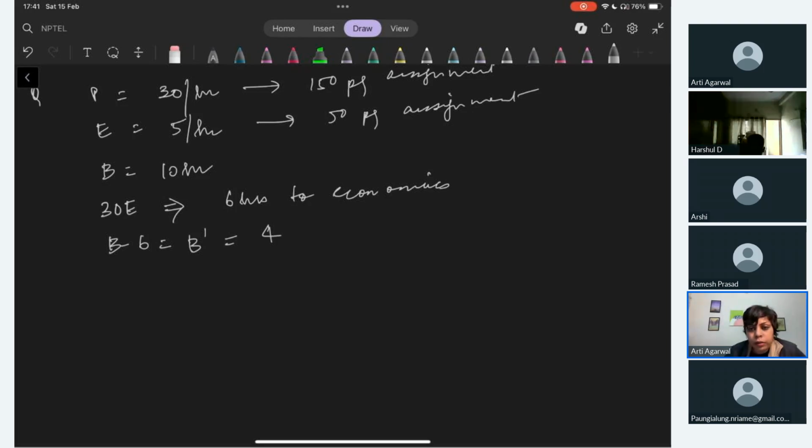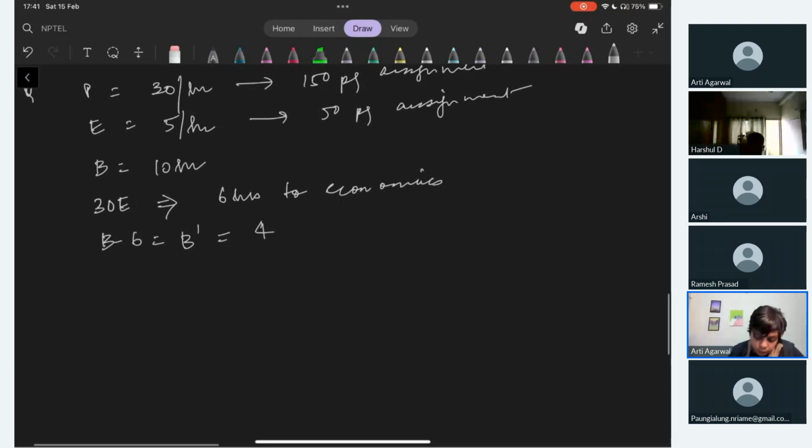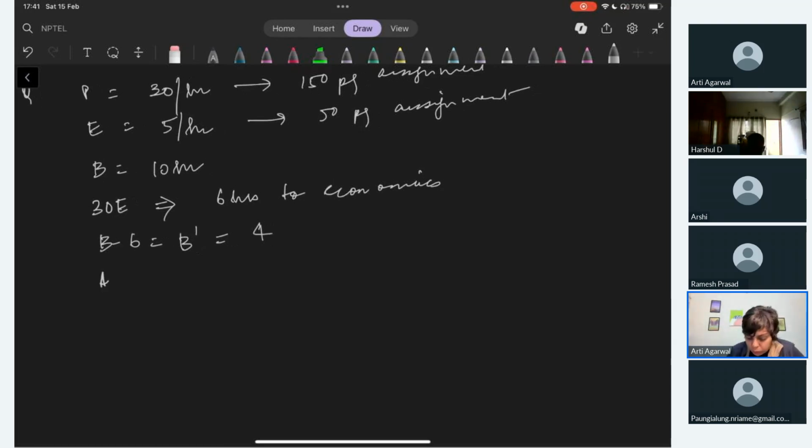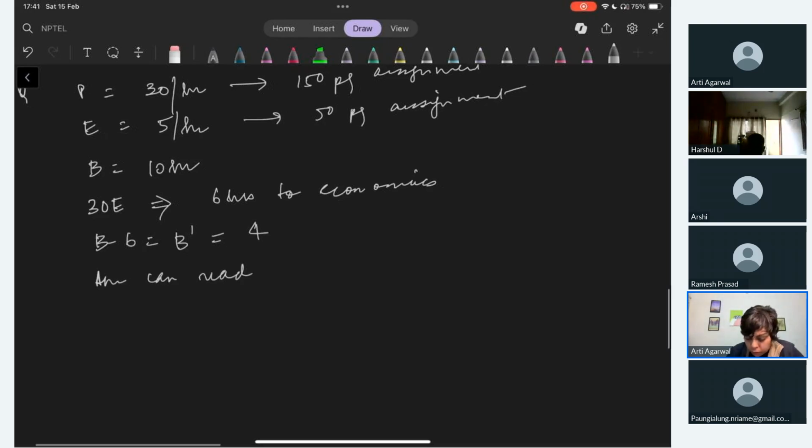Draw a graph with pages of economics on the horizontal axis and pages of pol science on the vertical axis that show the possibilities consistent with the constraints that Felicity has imposed on herself. She's allowed to read ahead in either subject, label key points, and so on. Now in 4 hours, how many pages of pol science can she read? She can read 4 into 30, which is equal to 120 pages of P in the given time.